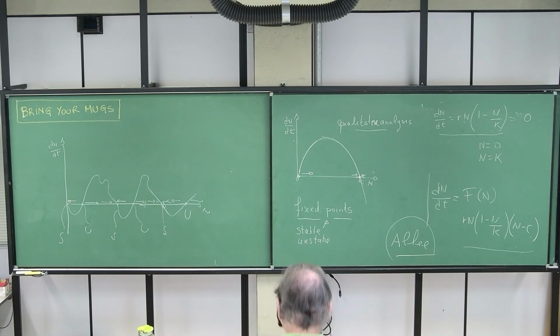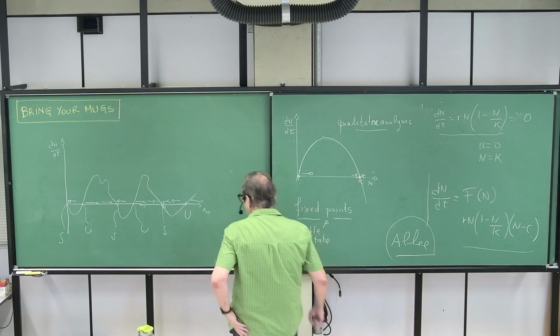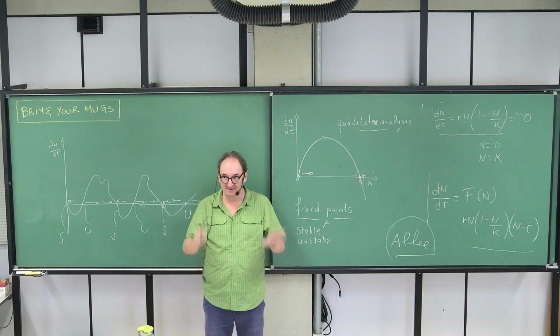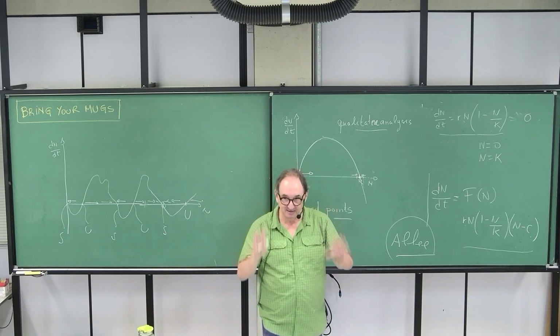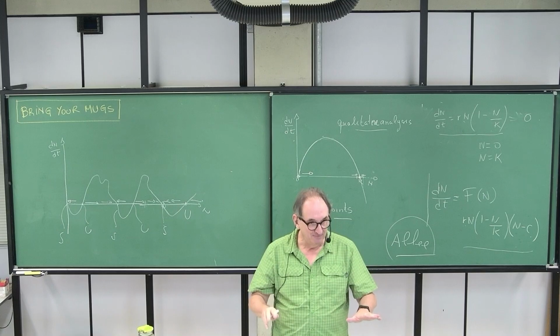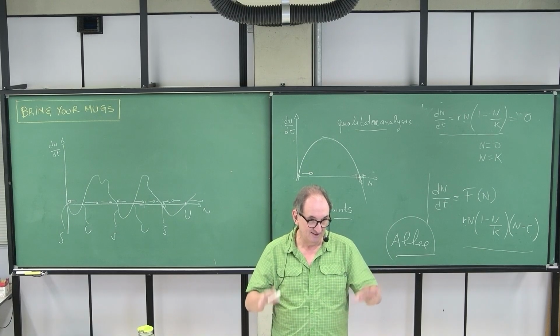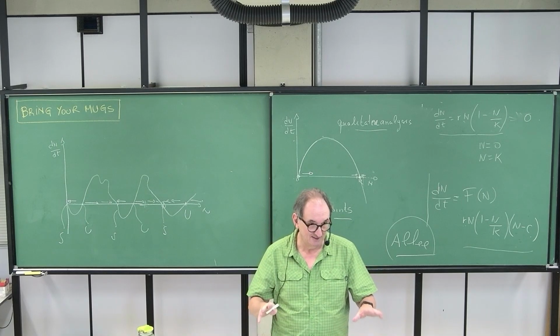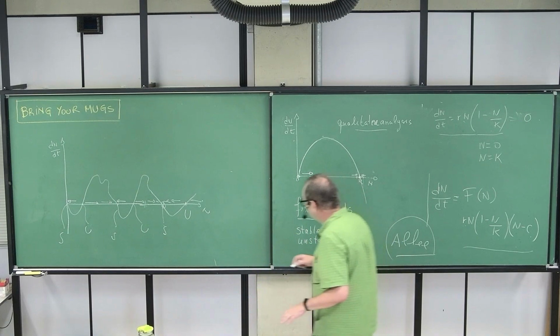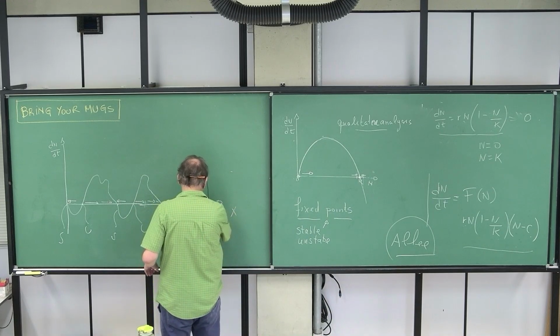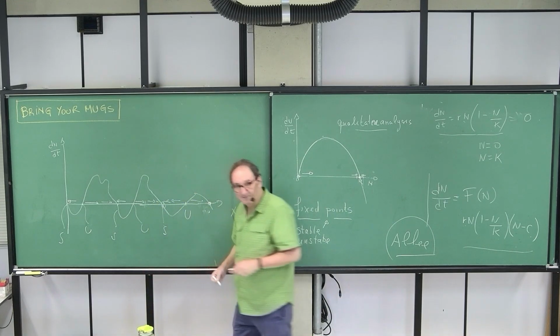But that's what I'm trying to explain. What is carrying capacity? If carrying capacity is defined, in a certain place, as the maximum attainable population, then you say this is the carrying capacity.